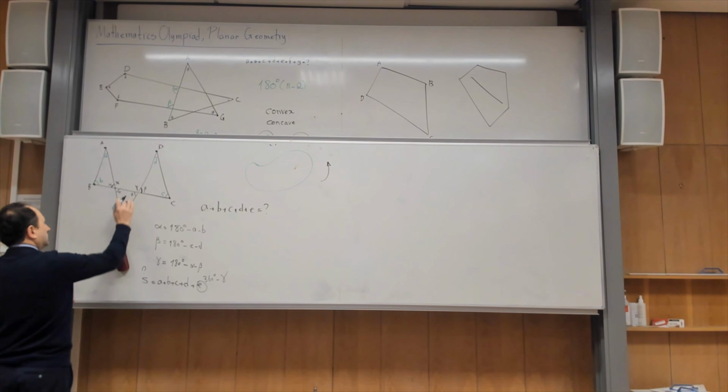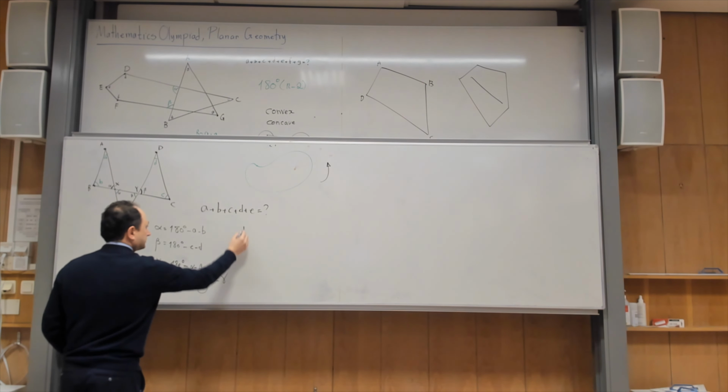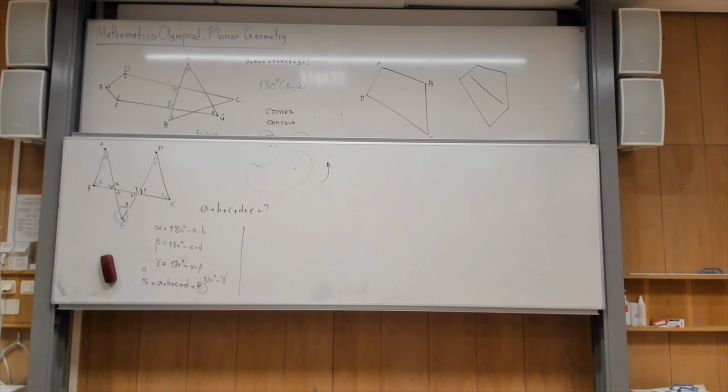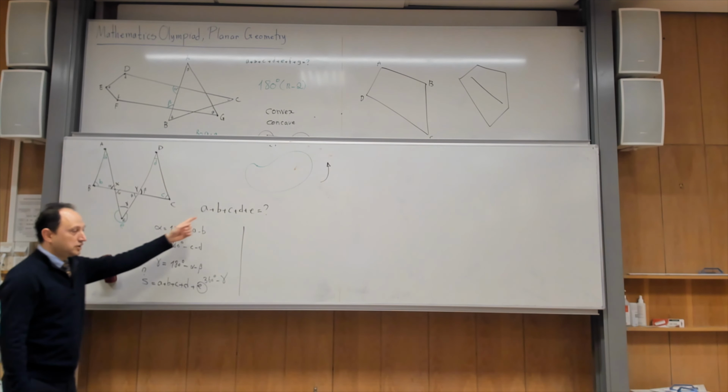So I did kind of the same thing, but instead of writing alpha as 180 minus A plus B, I wrote A plus B as 180 minus alpha. The entire solution was that I replaced A plus B with 180 minus alpha, and C plus D with 180 minus beta, so you started from the sum.